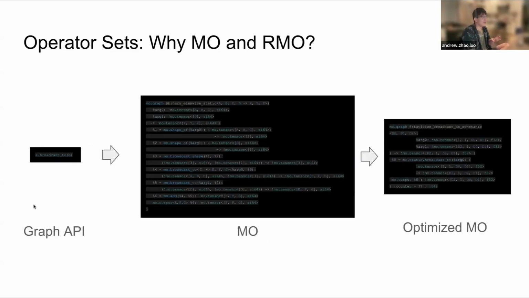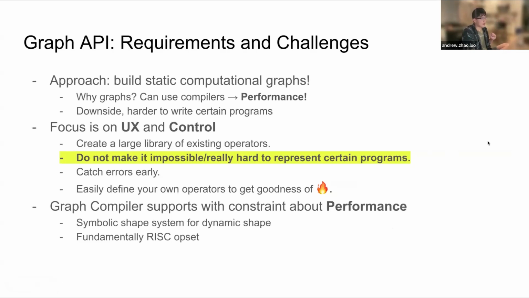So here's an example of that. You have one line in the graph API, which expands to a lot of Mo, and then that gets simplified by the shape system down to just a single operator. Okay, so that's about this tension between operator sets, between the graph compiler and the graph API.